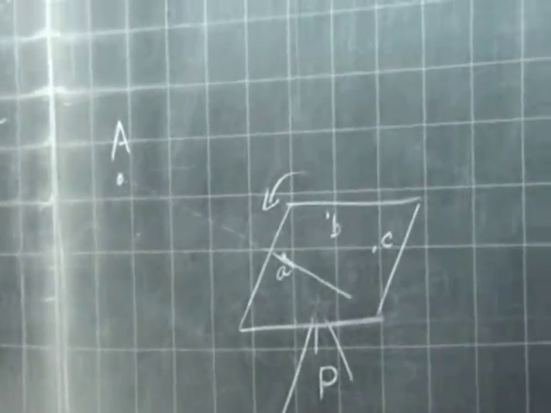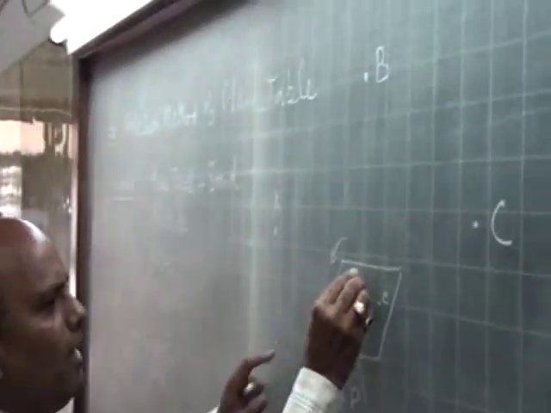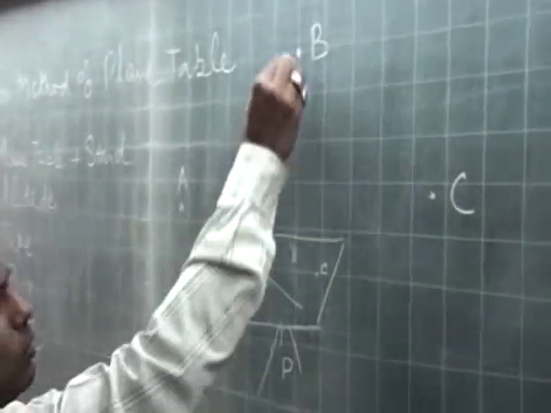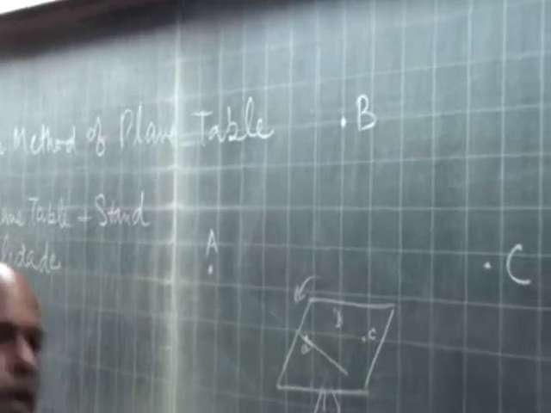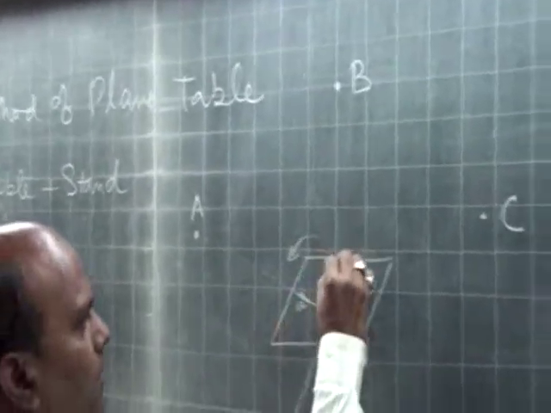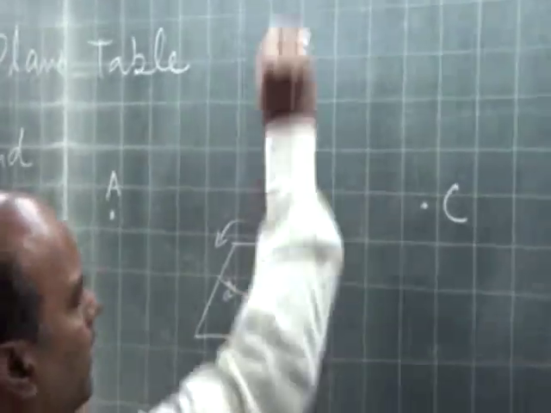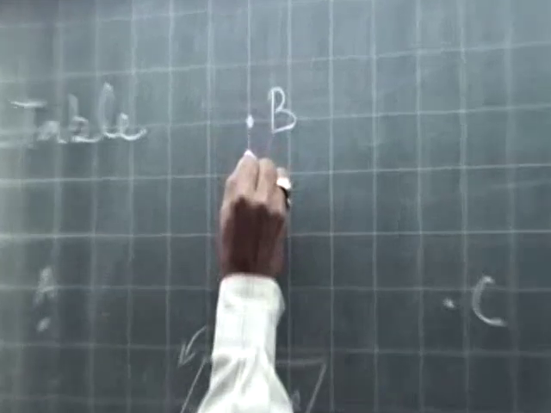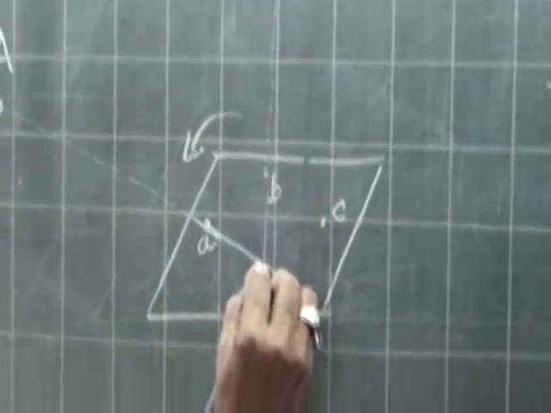Now the next job is that you keep the alidade at b and try to bisect capital B on the ground. When you keep the alidade along b and draw the rays, they will cut at a point.